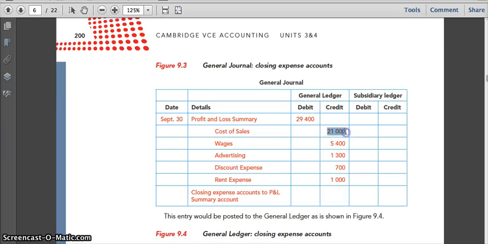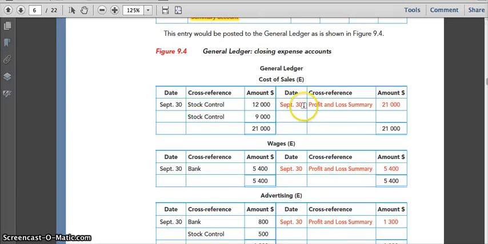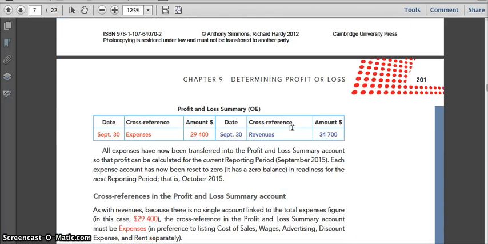Here we see all the expenses, discount expense and rent expense, have been closed in the general journal, and we've got a debit figure that needs to go to the profit and loss summary. The cross-reference is profit and loss summary, and in the profit and loss summary account, the cross-reference is expenses.